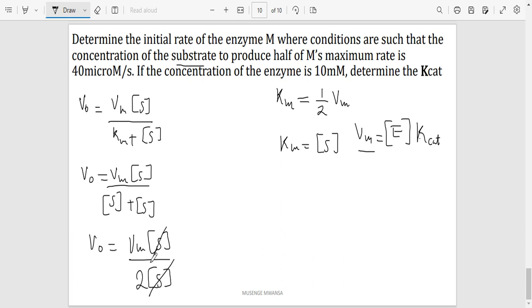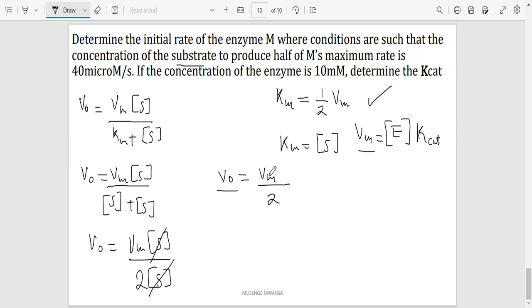So this is going to cancel with this. We are going to have V initial being equal to Vmax divided by 2, which is basically the condition we already wrote here, as long as you are talking about the concentration of the substrate where it is half of the maximum rate.